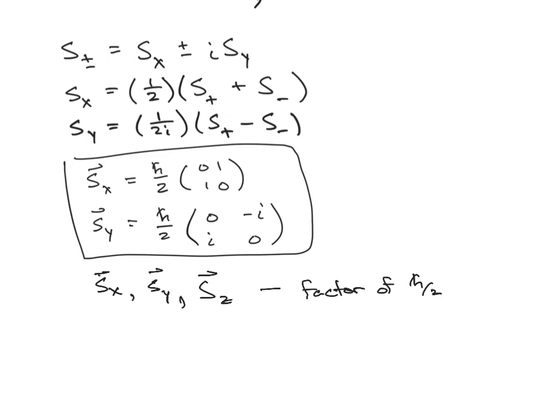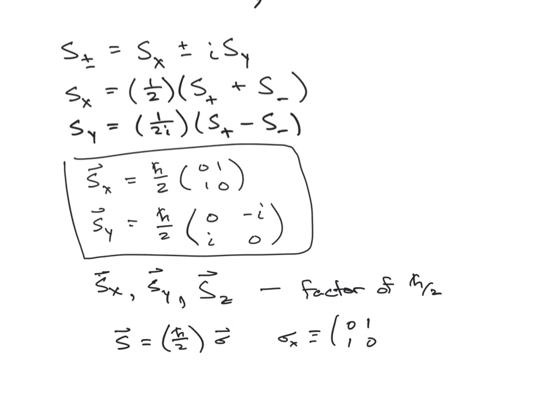So we can write that our spin matrix in general is going to have that factor of h bar over 2, and we can write a sigma, and that sigma can represent as the x component that matrix that is 0, 1, 1, 0.